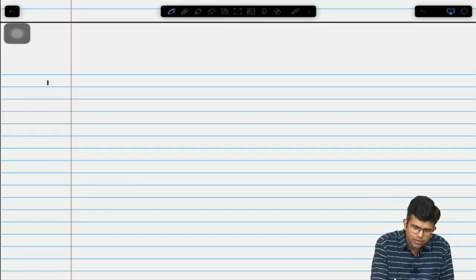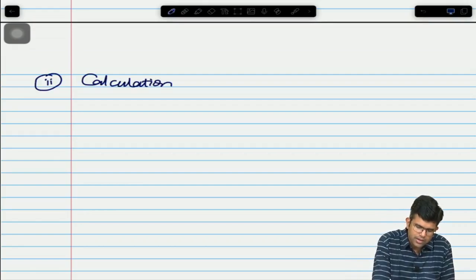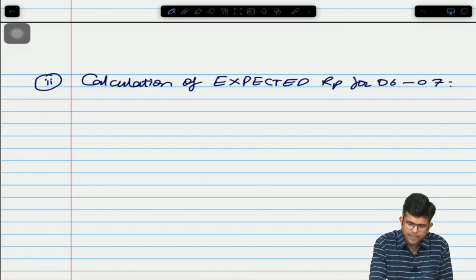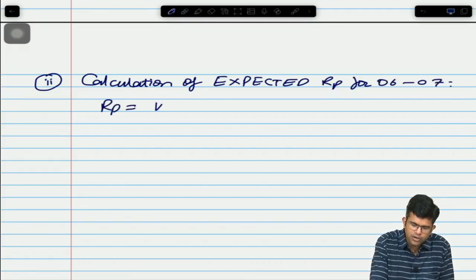So point number 2. Calculation of expected RP for 6-7. Can I say the formula is not going to change?